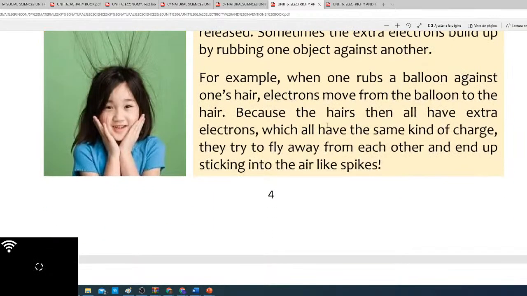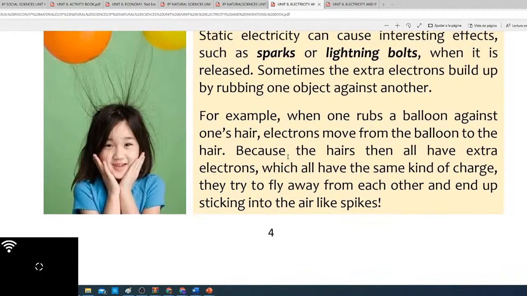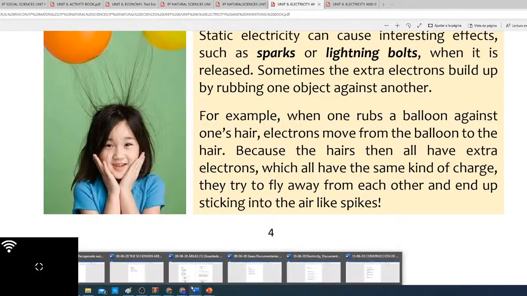For example, when one rubs a balloon against one's hair, electrons move from the balloon to the hair. Because the hairs then all have extra electrons, which all have the same kind of charge, they try to fly away from each other and end up sticking into the air like spikes. Okay, so with that in mind, I'd like you to watch some video clips about static electricity.